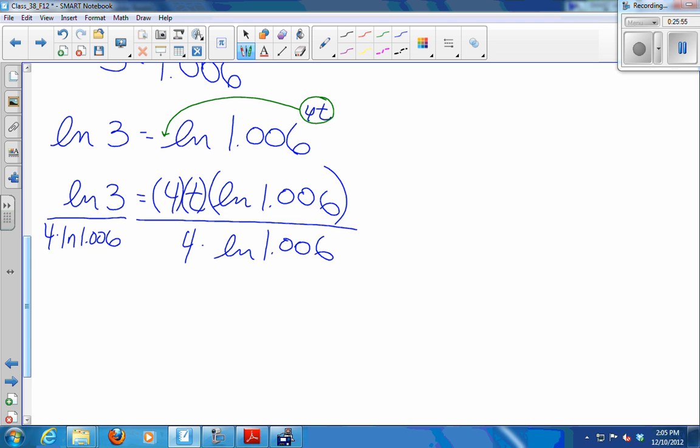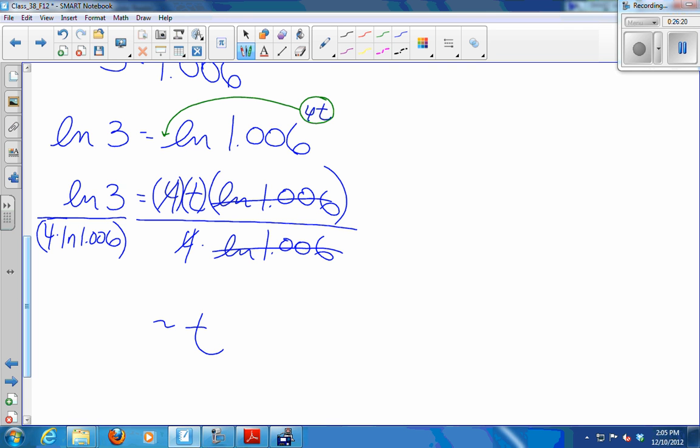If you divide, you can do the division one at a time, or you can do it all at once. You just have to be careful when you're putting this in your calculator to put parentheses around the denominator. 4's will cancel, ln's cancel.